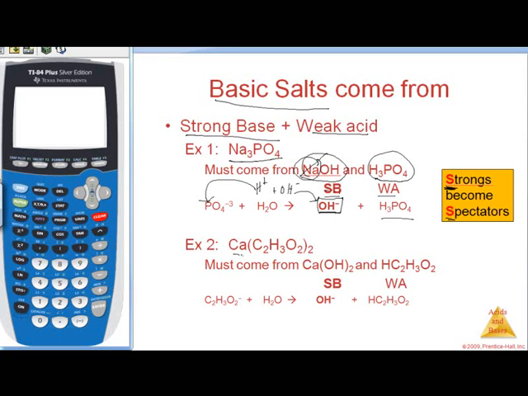Same thing here. I have calcium acetate. Calcium must have come from calcium hydroxide, which is a strong base, and acetic acid, which is a weak acid, so this is going to be a basic salt.